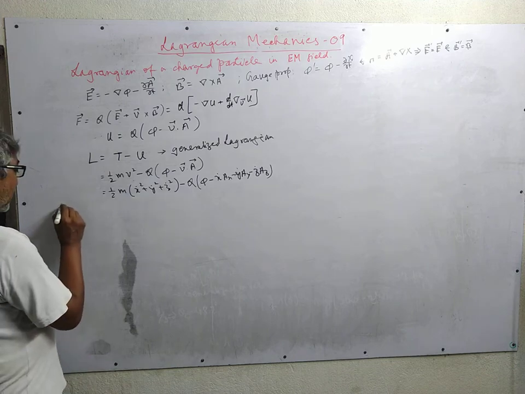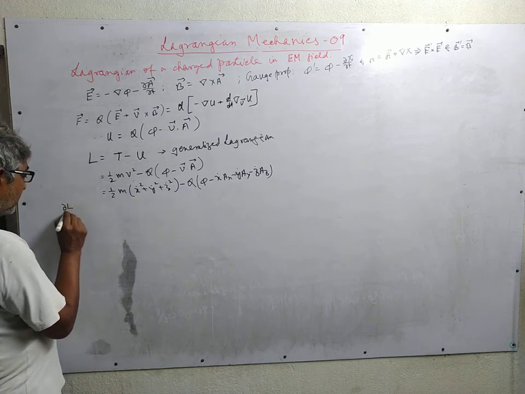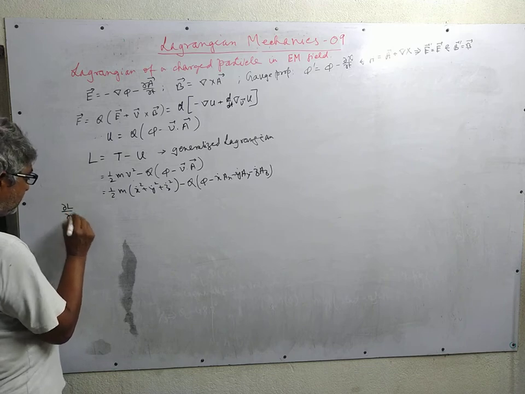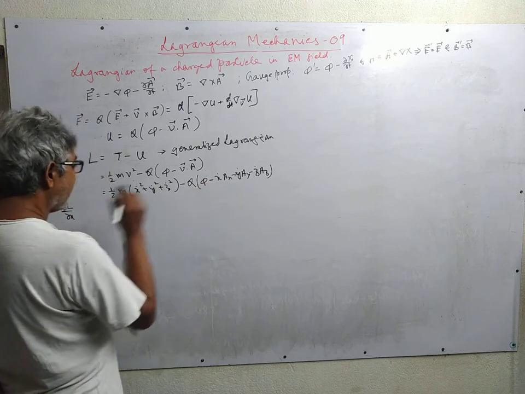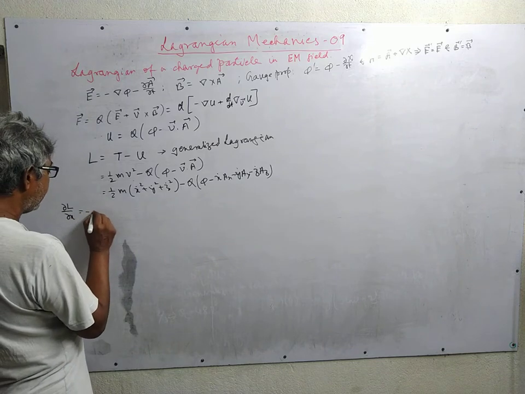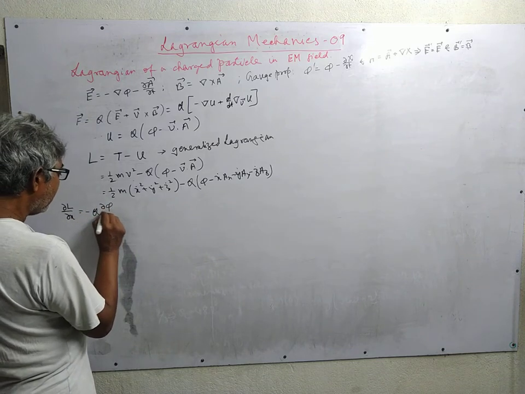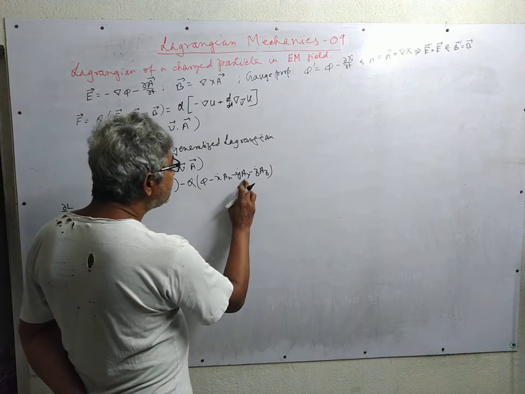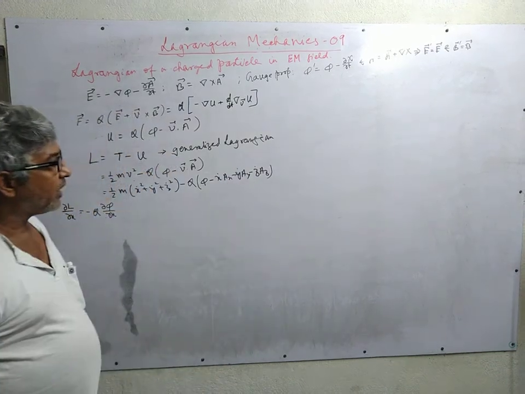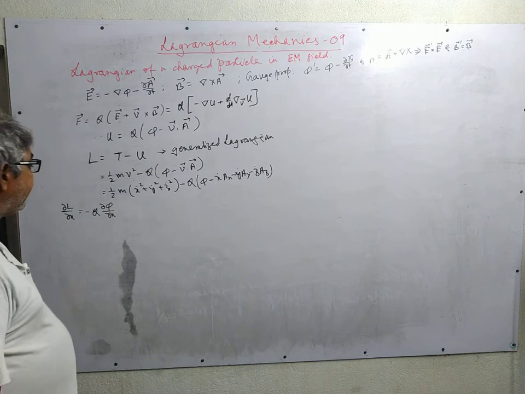Now del L del x: there is no x dependence in the kinetic term, phi has x dependence, so this is minus q times del phi del x, and all these terms A_x, A_y, A_z have x dependence.